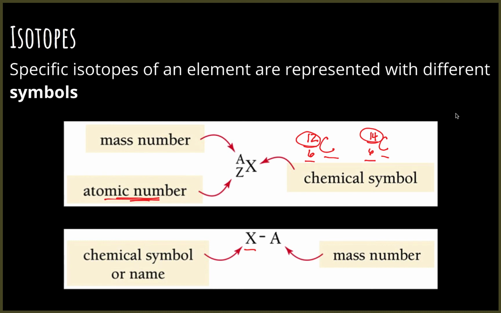All it shows us is the chemical symbol or name and the mass number. So if we were going to show carbon-12, we would show it like this, versus carbon-14, which would look like this. It's important to remember that that dash there is not a negative sign, it's just a dash. All that does is notate that this particular version of carbon has a mass of 12 compared to this version of carbon, which has a mass of 14.